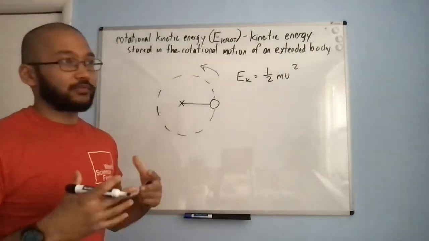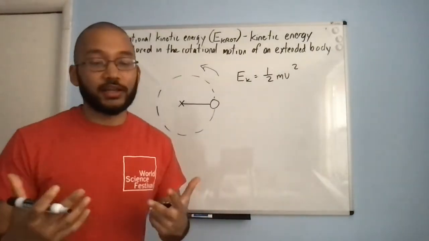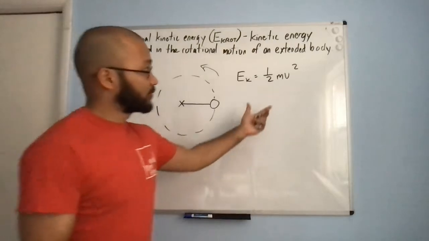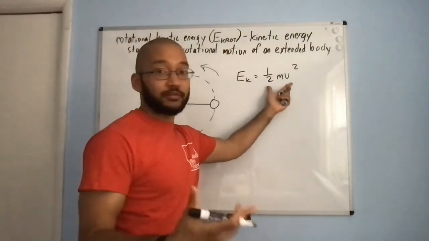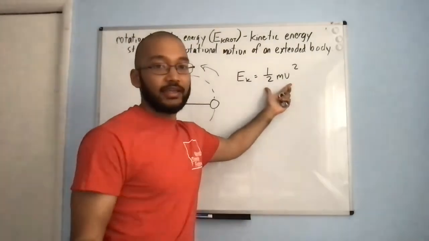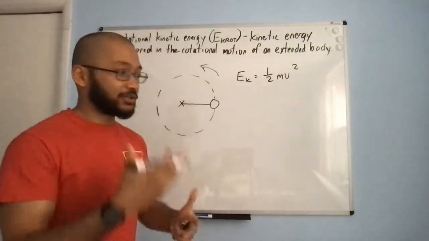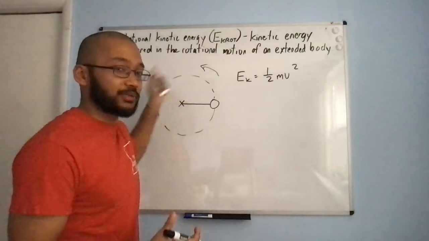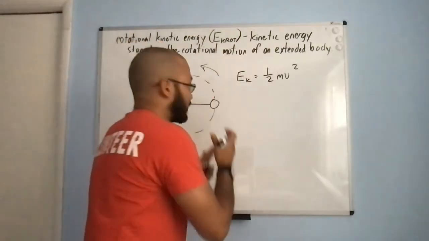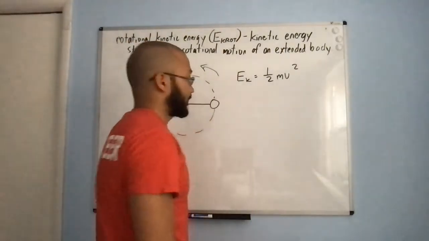But if I wanted to think about what the rotational kinetic energy would look like, I would want to rewrite this in rotational terms. I could think about the energy stored because of the rotation of this object, rather than thinking through it in terms of its linear motion.